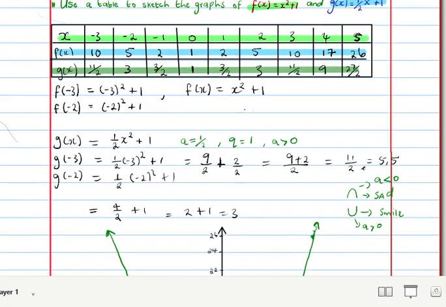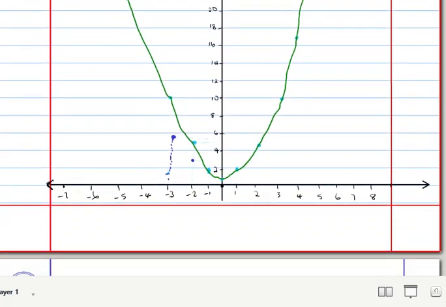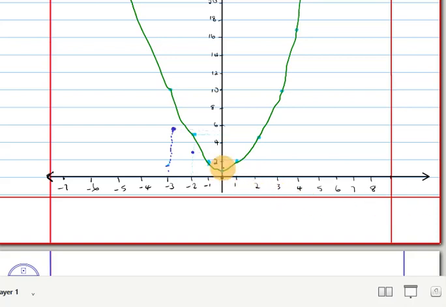Then when x is equal to minus 1, the value of y is equal to 1.5. It's a bit higher than this one. It should be somewhere around here.